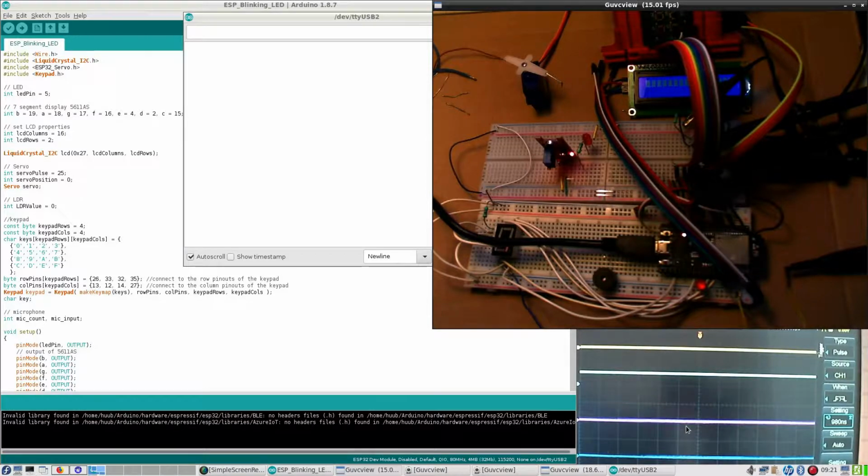Then the signal for the buzzer. 0 right now, as should be. And this is for now linked to a signal from the keypad.